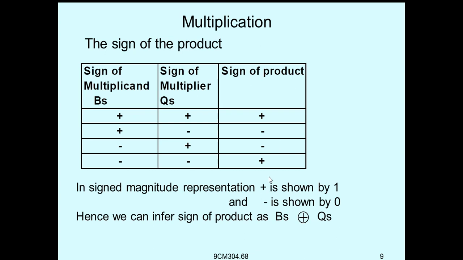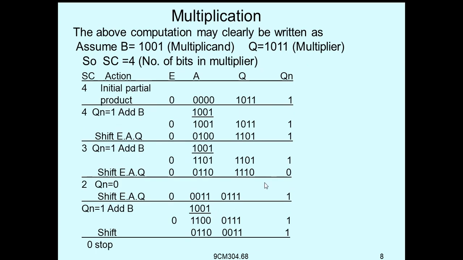So this is the explanation about multiplication of two fixed point numbers. If you remember the steps, then you can perform the operation very easily, and you can understand the flowchart of fixed point multiplication very easily. You just understand these steps.